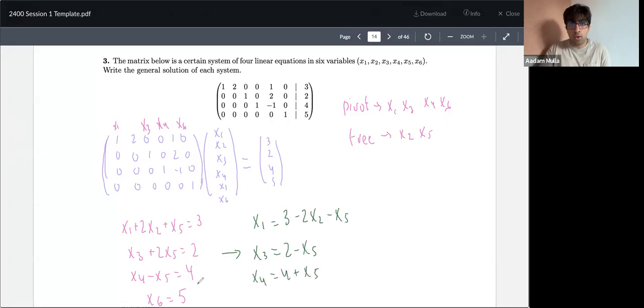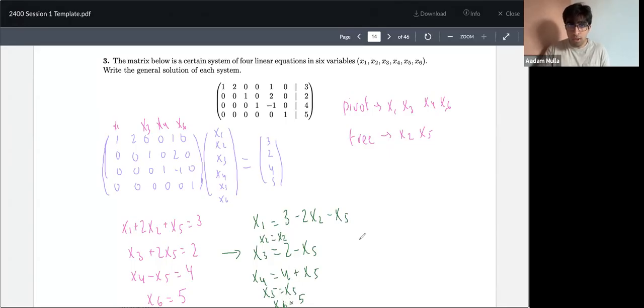Also, remember, there's no explicit equation for x5. Because x2 and x5 are themselves, I'm just going to sneak in x2 equals x2, which can be whatever it wants. x5 just equals x5. Sorry, I'm running a little out of space, but x6 equals 5 itself. Let me see if I can fit that in.